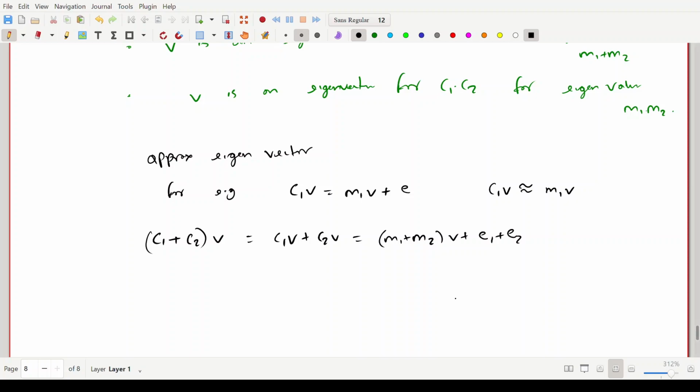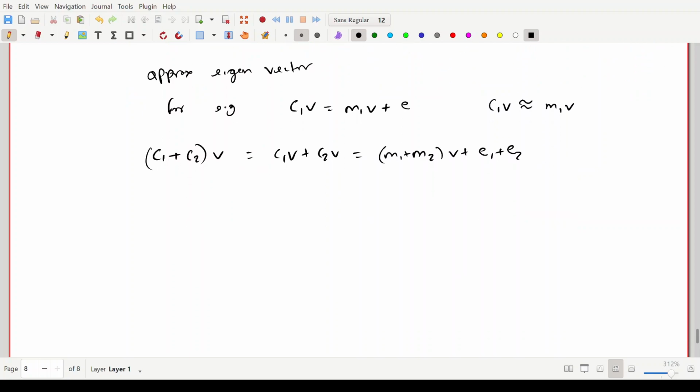This is the error term you have. You just have to restrict the error. See, all the FHE schemes have the same idea: if you are able to restrict the error, then you can form an FHE scheme. It will decrypt correctly if the original errors E1 and E2 are small enough.